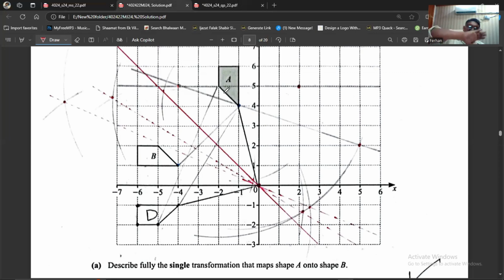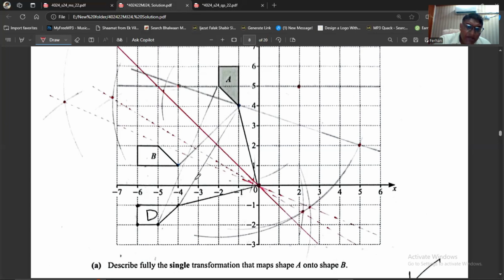It was here, then it went here. So it's a rotation. If you want to find the center of the rotation, the method is very simple. Try to do it yourself, then you will be able to do it. I will show you how this is done. Join the two same points. For example, I will join this point and this point in the image and the object, the corresponding points.